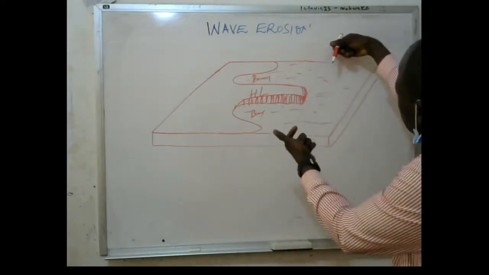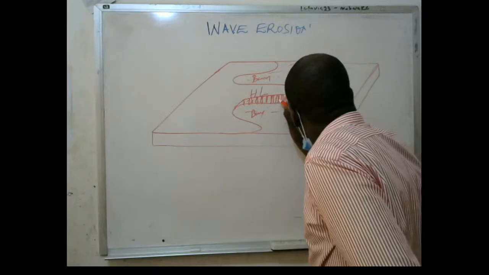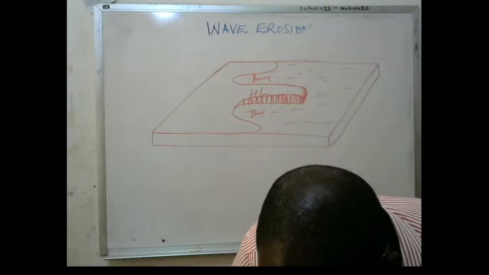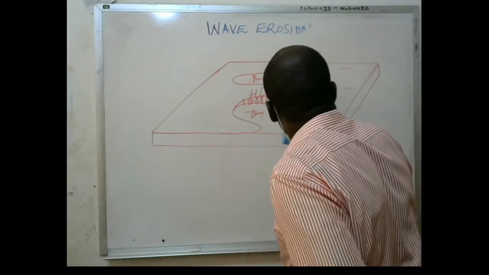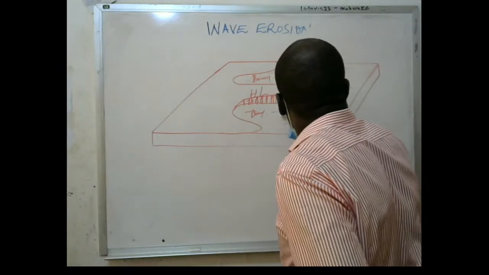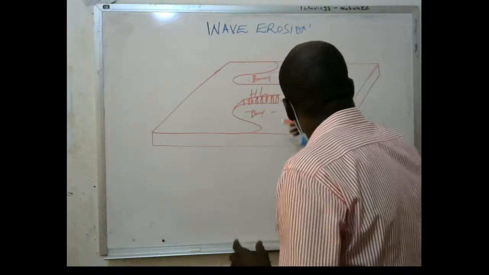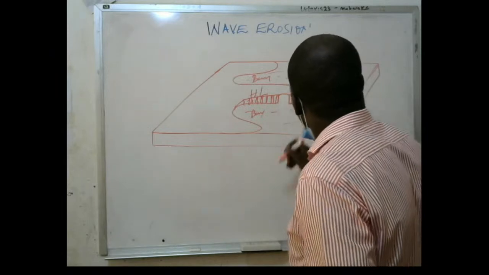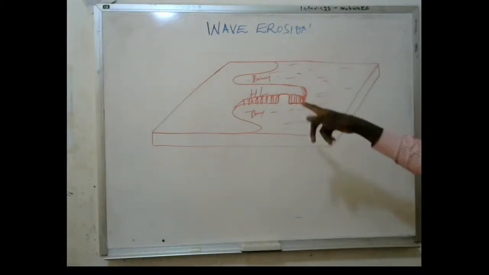Now, if erosion takes place from the sides of this headland, and then we find that a hole or a cave, for that matter, is drilled through, so our headland is drilled through by waves. So you have an opening that runs from one side of the headland to the other. So you have a tunnel across the headland, for that matter.